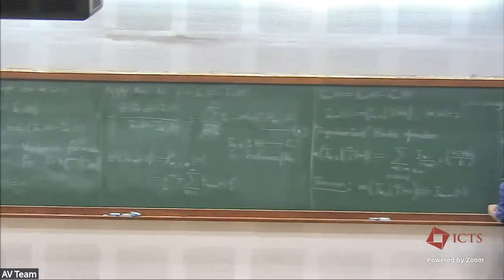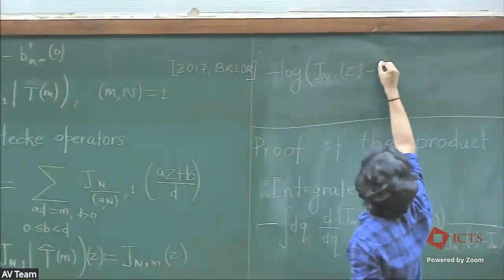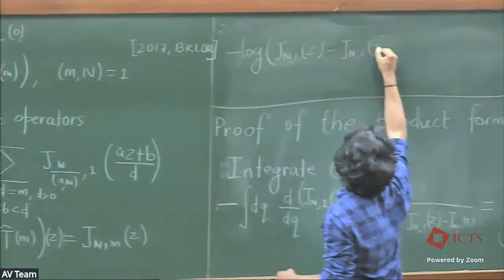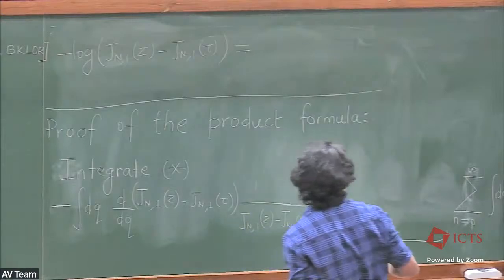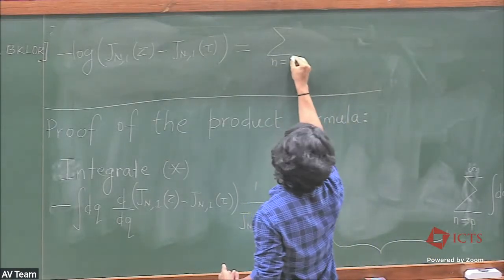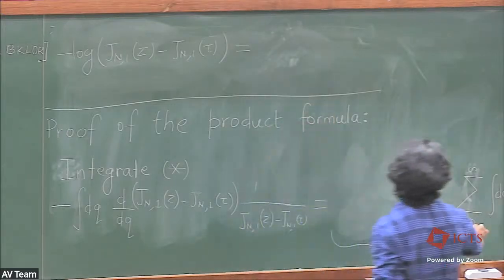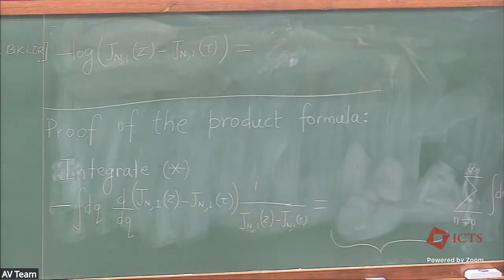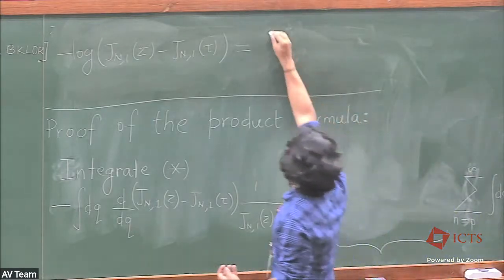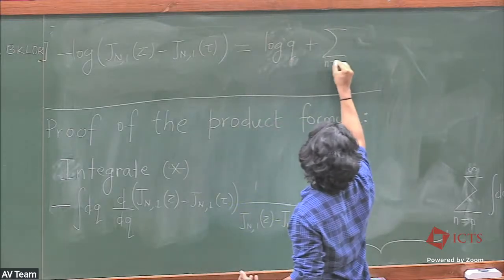So I get log, this equals... I need to treat the n equals 0 term separately because that's 1 over q. That will give me log q, and then I have a sum from 1 to infinity.